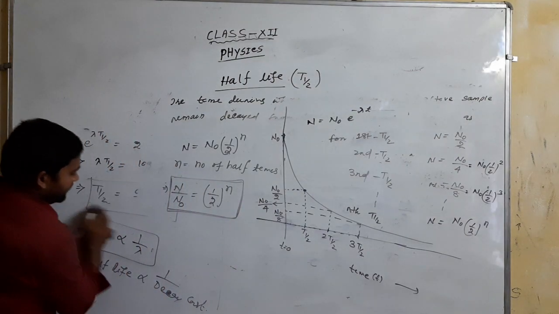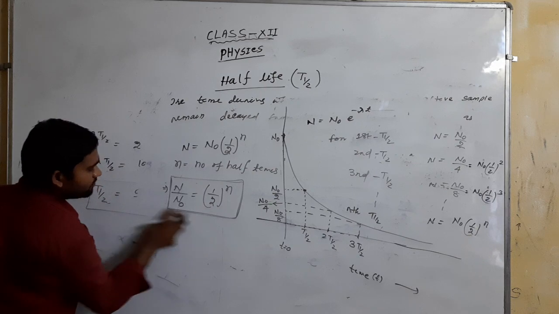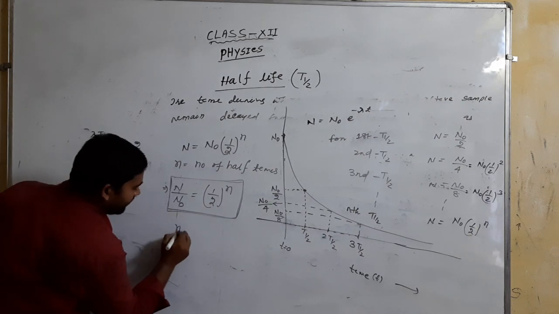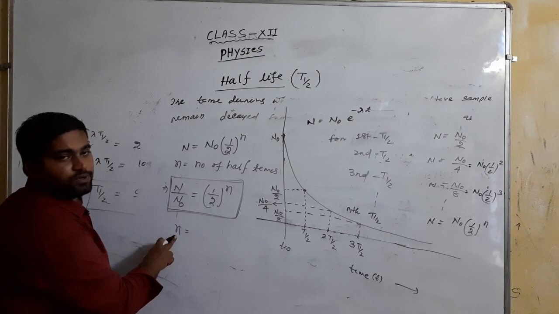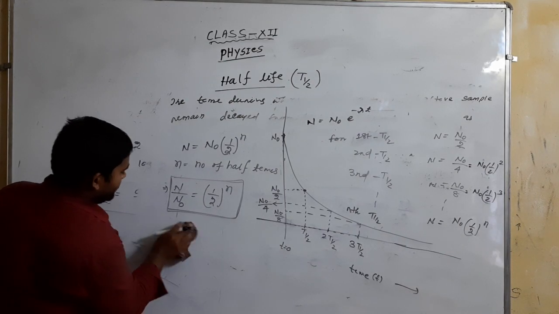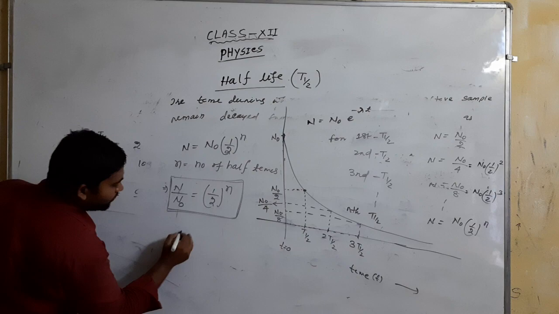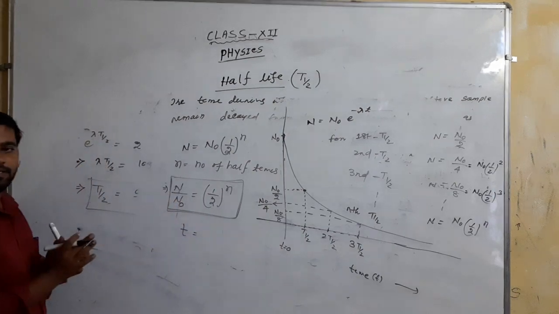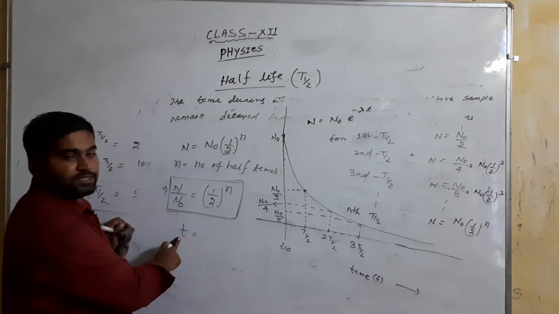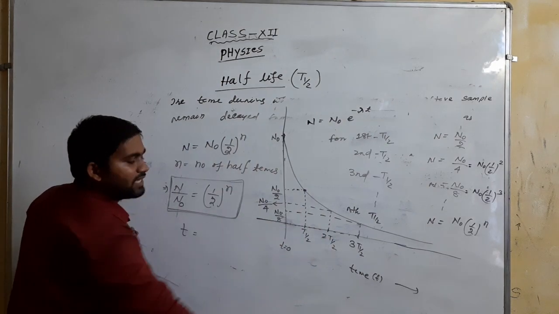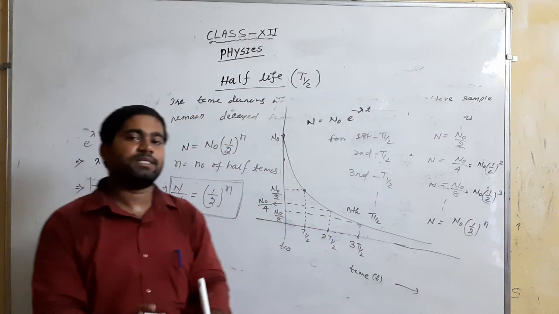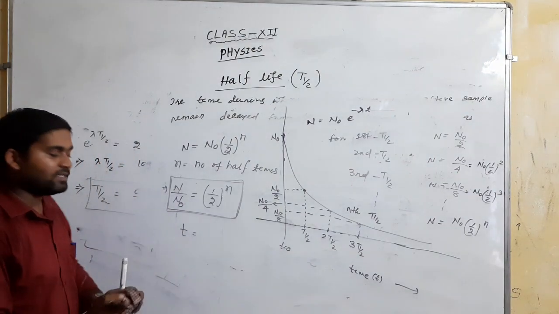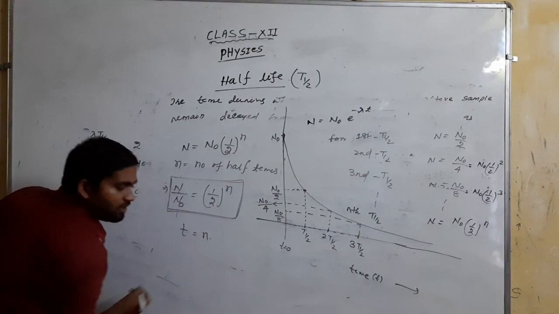Another way to say it: suppose the total time is t, that is the total decay time of the radioactive sample, and inside t there are n number of half lives.